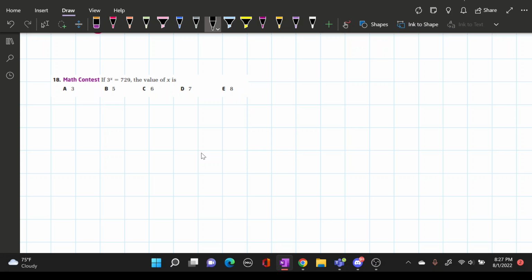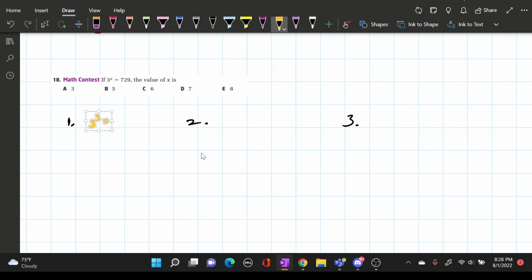I'll show you 3 methods. Technically, methods 1 and 2 are essentially the same, but method 3 is the pro way to do it. So let's leave the pro way for later. So we can just basically try each one. And we know 3 to the power of 3.